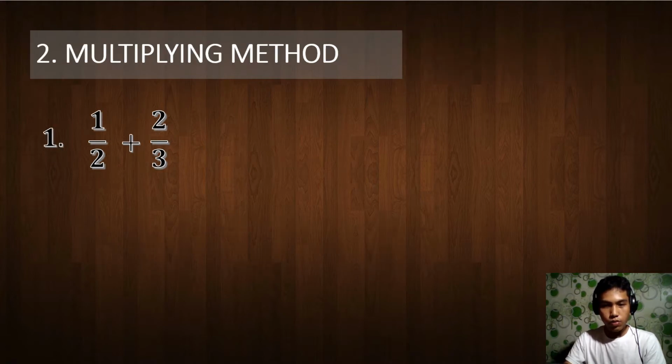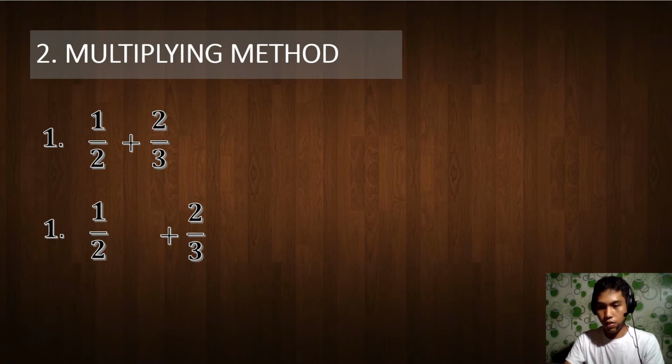Let's move now to the multiplying method. Now we have here 1/2 plus 2/3, the same example as in the previous method. I'll emphasize how the process is done for each method. Here, the idea is we think of a number, just like in the previous one, that can be divided by both 2 and 3.